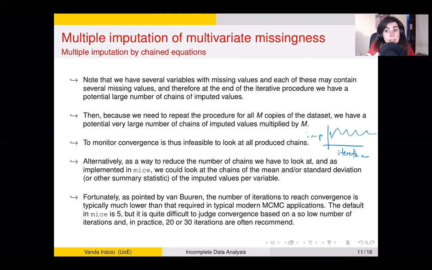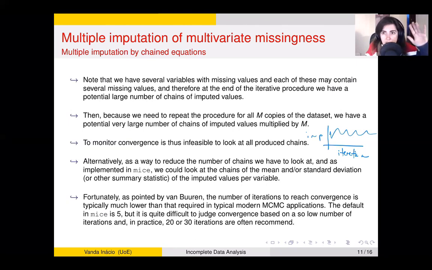And as an alternative, and this is what is implemented in the mice package, for each variable I will look at the mean of the imputed values by iteration. So on the example of y1 and y2, on y1, I look at each iteration.